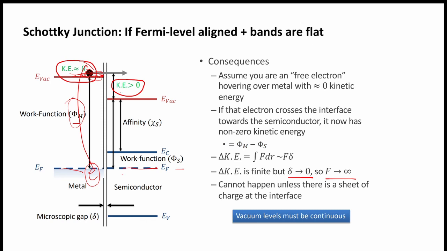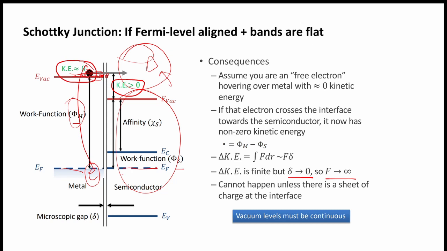But on this side, if the electron comes to this location, it suddenly gets a non-zero kinetic energy. That cannot happen. From this side of the junction to the semiconductor side, the electron would have some kinetic energy, completely free from the piece of the semiconductor and the metal.